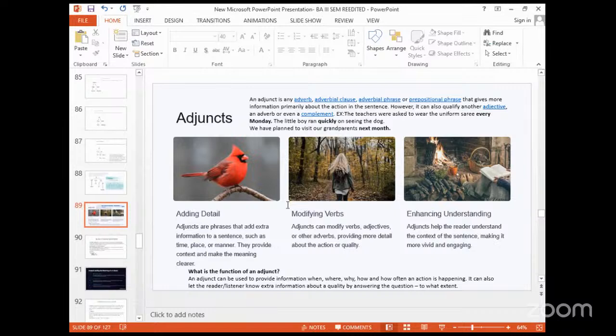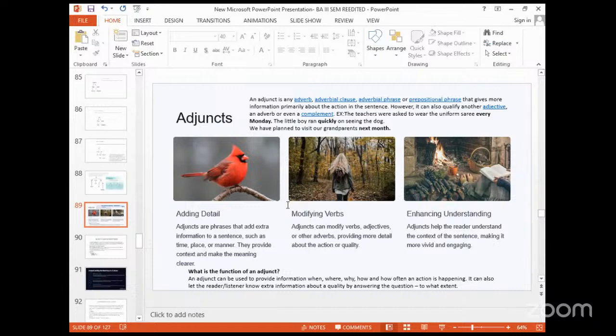So adjuncts are phrases that add extra information to a sentence, such as time, place, or manner. In "the teachers were asked to wear the uniform sari every Monday", it's every Monday. How did the boy run? Quickly. When did you plan to visit your grandparents?